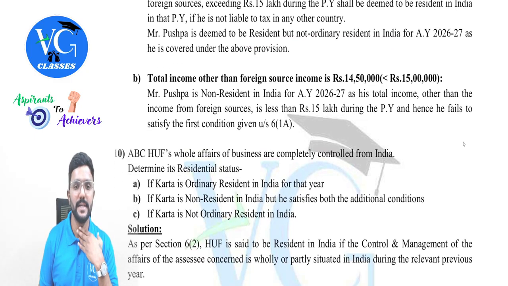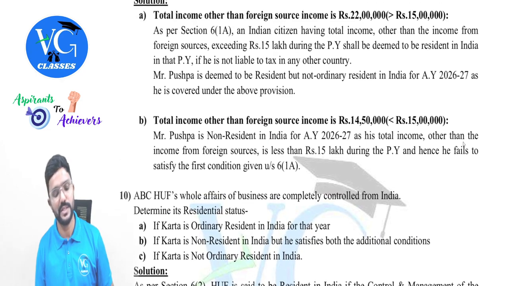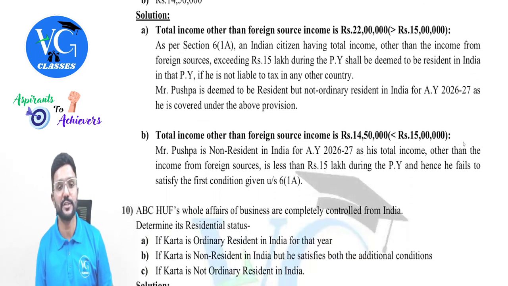Clear? Yes, sir. Sir, what if the total income other than the income from foreign source is less than 15 lakh? That is actually 14 lakh 50,000. Then he is a non-resident. Is that clear? So these are the questions on the residential status of individual.